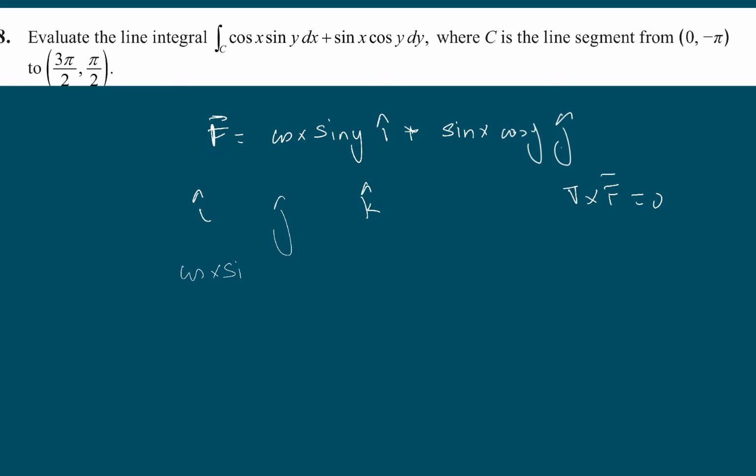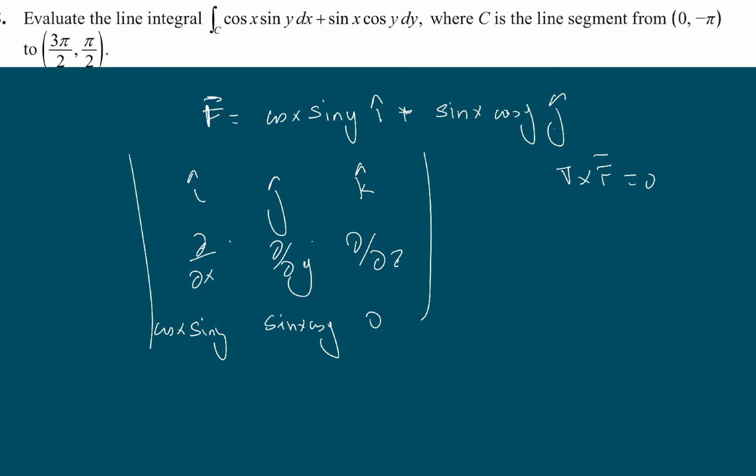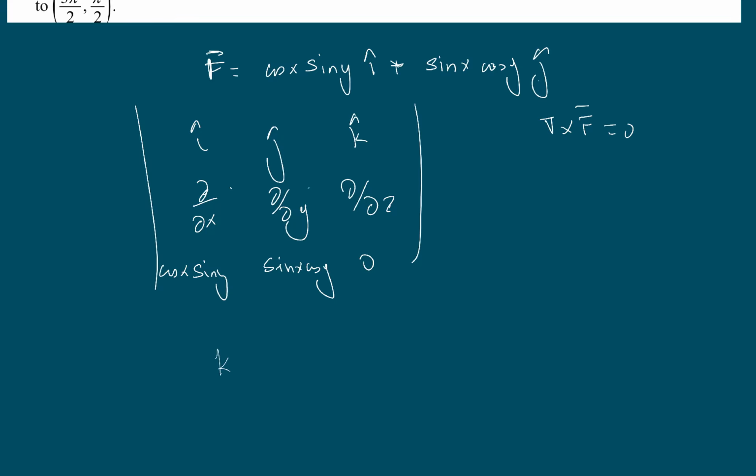Well, we will calculate the determinant with i, j, k, the derivative with respect to x, the derivative with respect to y, the derivative with respect to z, cosine of x sine of y, sine of x cosine of y, 0.